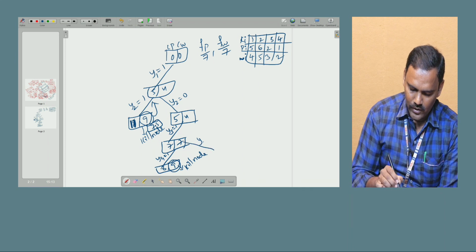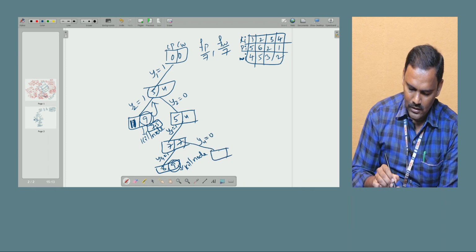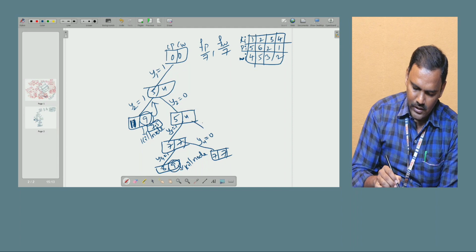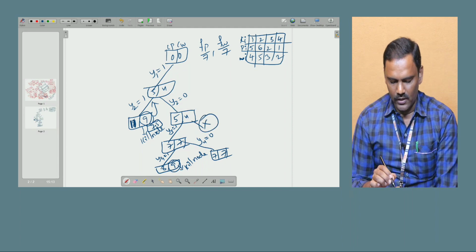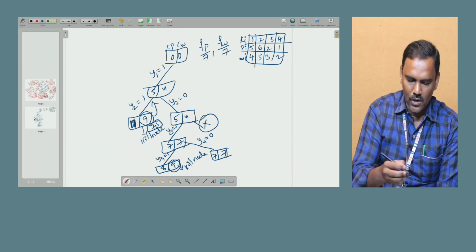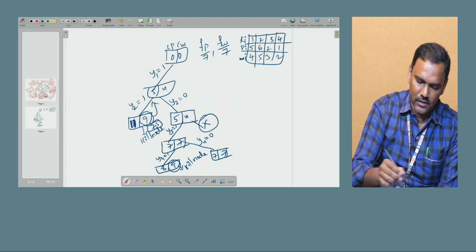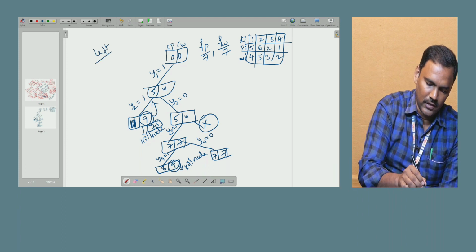Then you will go for y4 equal to 0, then you will get 7 comma 7. If you generated the left child here also, you are not going to be getting this one. Okay, this is what we have got for the initial left side.